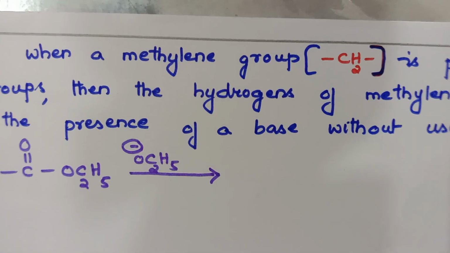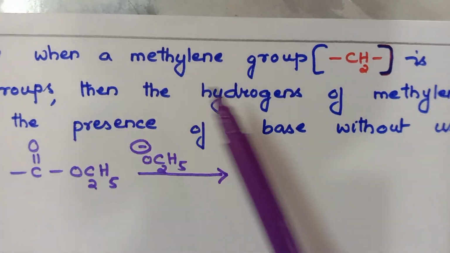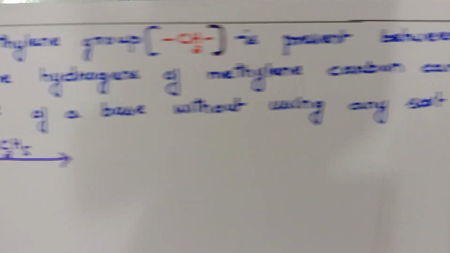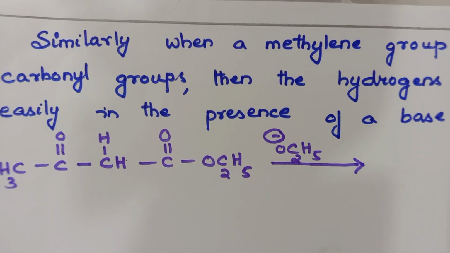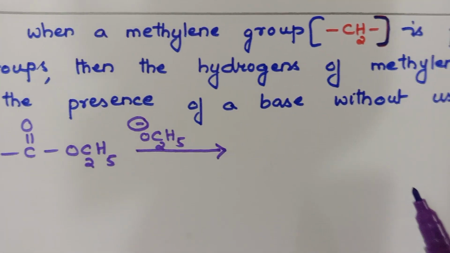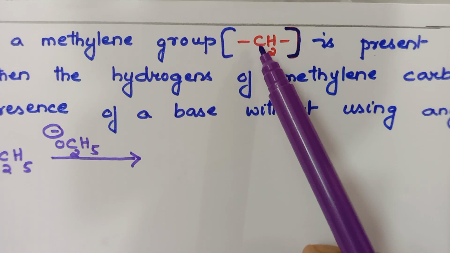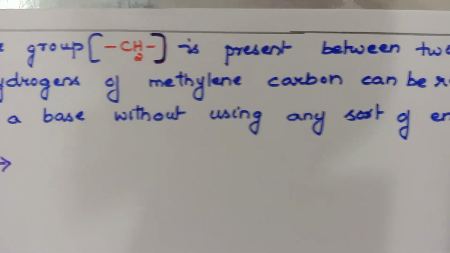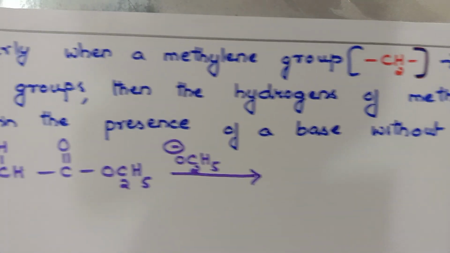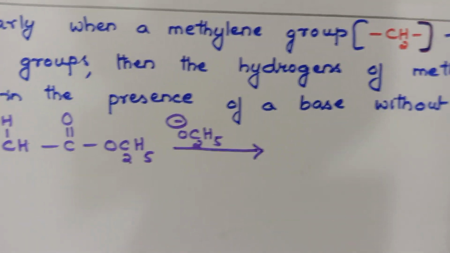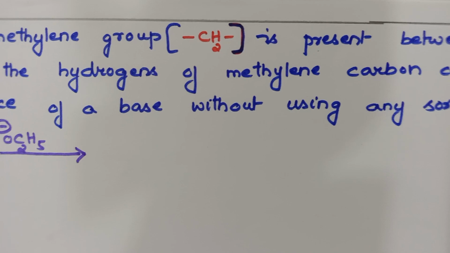Again, I will show you what I have written. When a methylene group CH2 is present in between two carbonyl groups, then the hydrogens of the methylene carbon can be removed easily in the presence of a base without using any sort of energy.